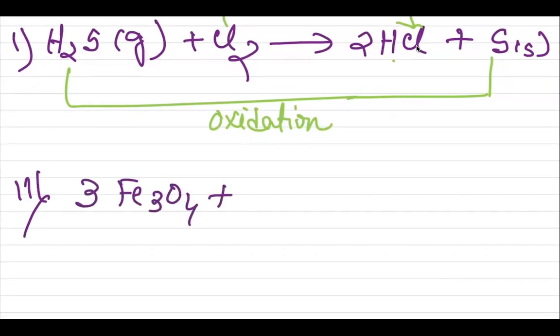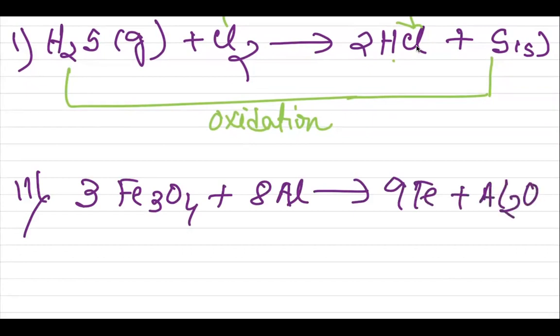Next, Fe3O4 when reacting with aluminium forms Fe plus Al2O3. Tell me the oxidation and reduction process.